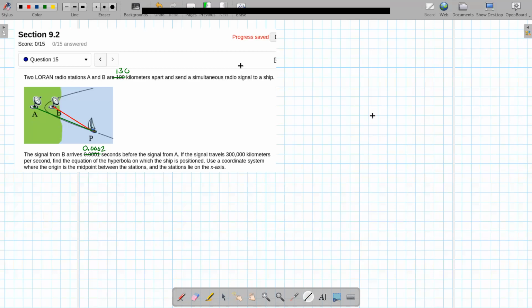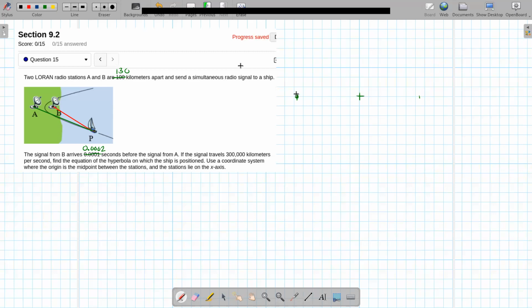All right, so I'm going to start sketching, and my first sketch is not going to be to scale. I'm just kind of messing around. So I have some origin here, so let's put that there. And then these two are 130 kilometers apart. So let's say we go 1, 2, 3, 4, 5, 6.5 that way, and 1, 2, 3, 4, 5, 6.5 this way.